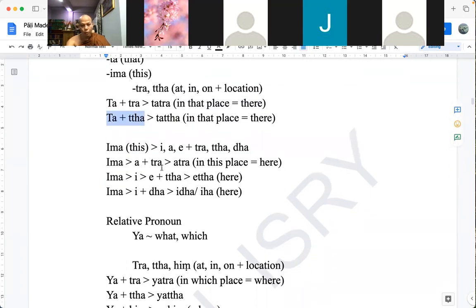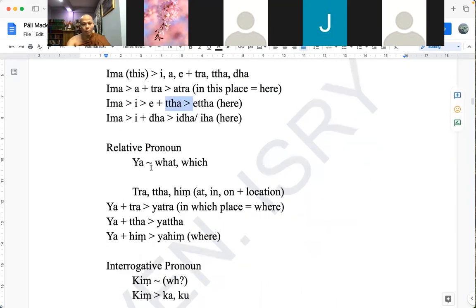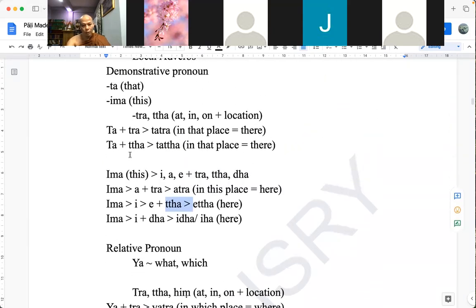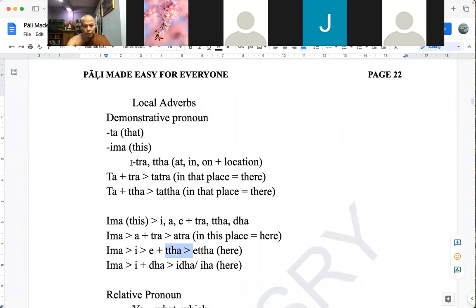Ima is commonly changed to e, a, or i. So atra, in this place, here. Itra also means in this place, here, and idha in this place, here. The same way for the relative pronoun. Mainly here, this dra and ta are important for the location.